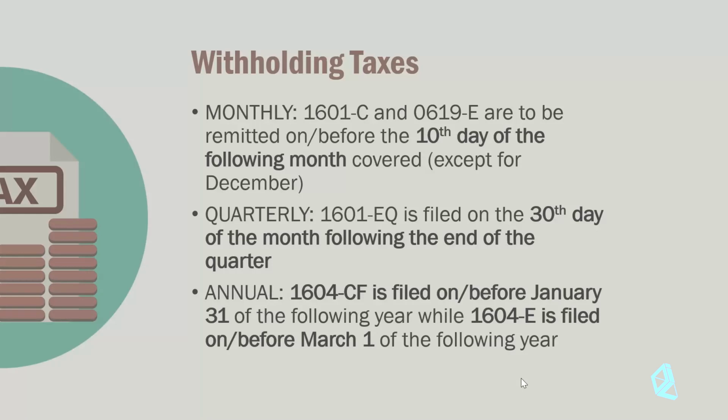This is only filed on the 30th day of the month following the end of the quarter. For the first 2 months of the quarter, you use 0619E. But on the third month, you make use of 1601EQ. We'll talk about that in more detail later.